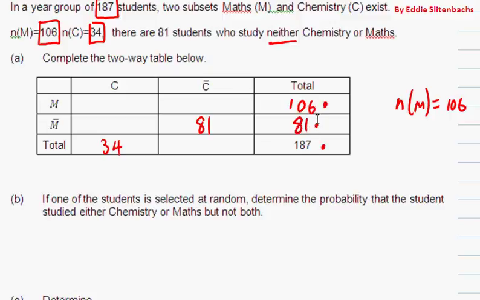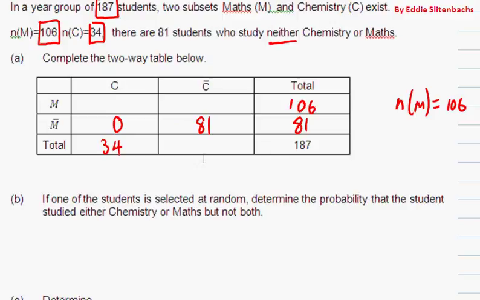Now I've got 81 here, I've got 81 there. So the number that did chemistry has to be 0. So there's 0 that did chemistry and not maths, because that's not maths and chemistry. It's really saying that everybody that did chemistry did maths.